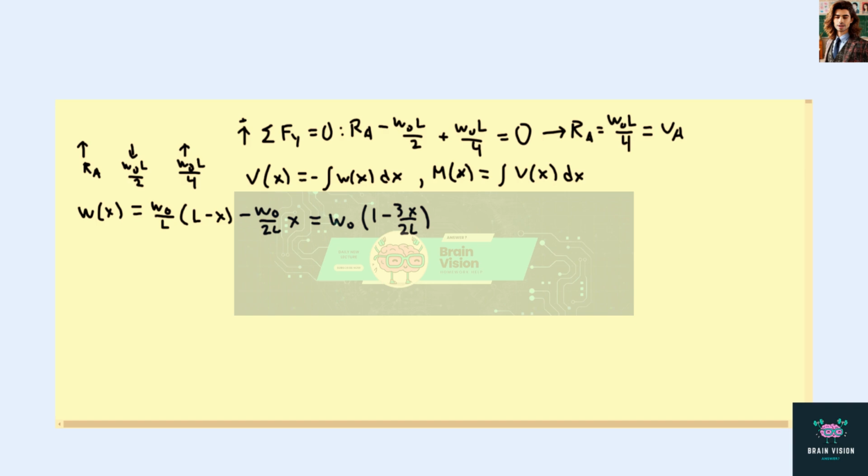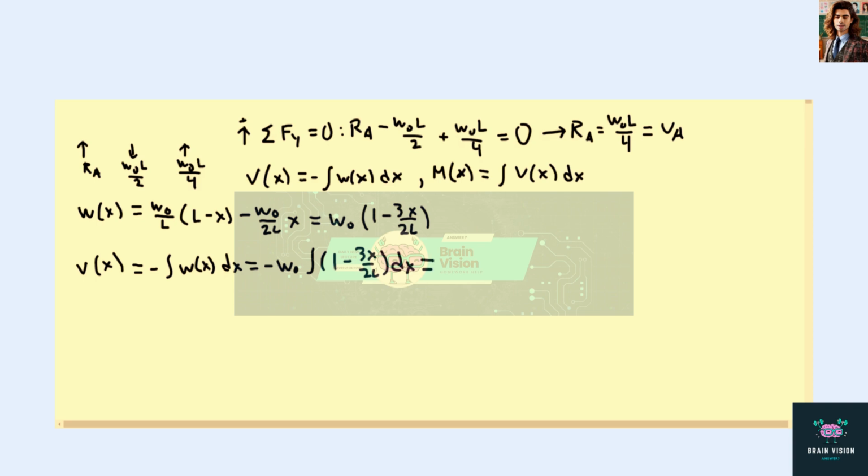All right, so we get V of x equal to minus integral W of x. And so we'll take out a constant W0, and we'll have 1 minus 3x over 2L dx.